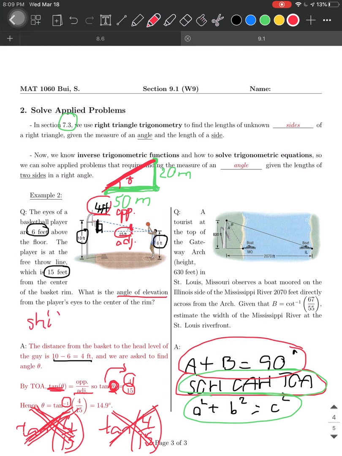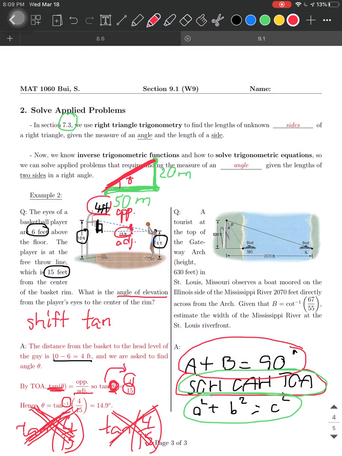And then you go for tangent if you're looking for tangent inverse. If you want sine inverse, do shift and then sine. If you want cosine inverse, do shift and then cosine, okay? It's in the notes also, so make sure you look for it if you need help. Or just email me, okay?